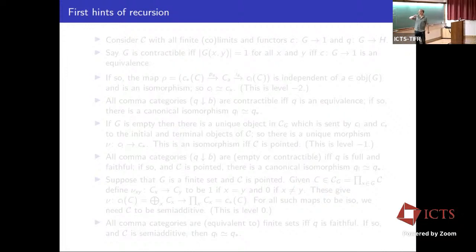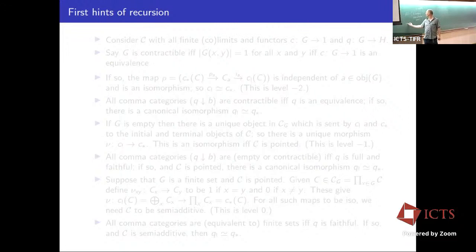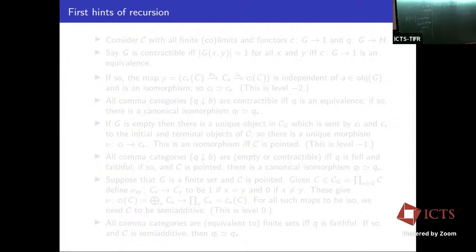So we want to look at these continuous families of Kn local spectra parameterized by X. We've got this Q upper star from Ky to Kx. It's a left adjoint Q shriek, and right adjoint Q star.